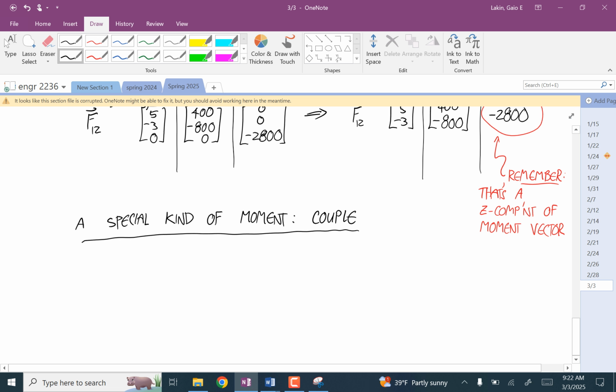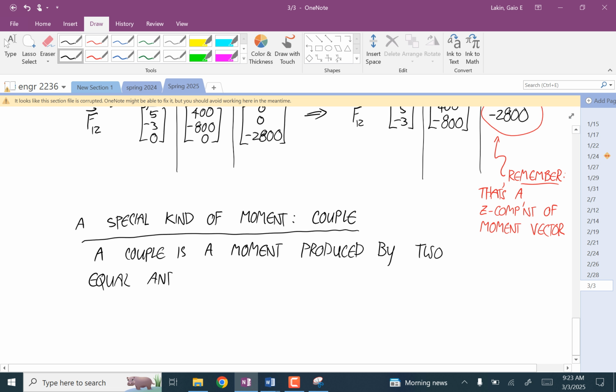What makes couples special? Well, what is it? Most half of you don't even know what a couple is, but a couple is a moment produced by two equal and opposite forces. Now, in general, the moment of a force about a point depends on your about point.